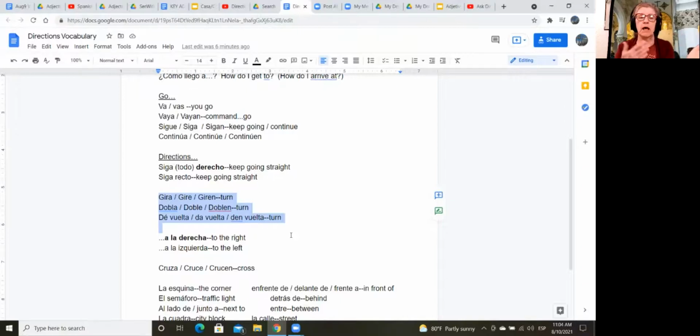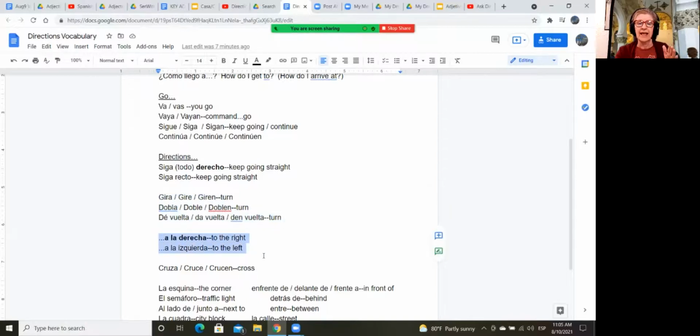Doble, polite. Doblen, hey you guys. That also means turn. It might be de vuelta, da vuelta, den vuelta. That might be more like hang a right, hang a left. It still means turn, okay? So those are the turn words, and they have different verbs for turn.